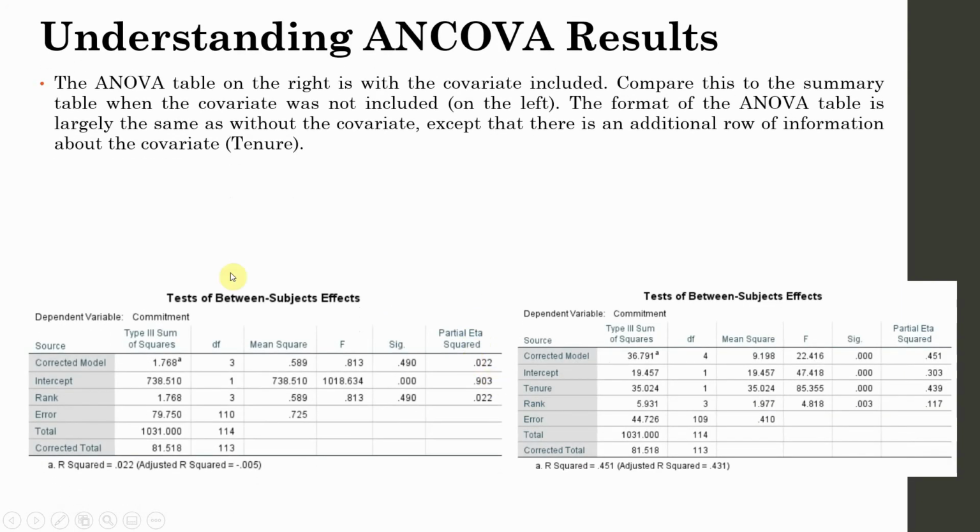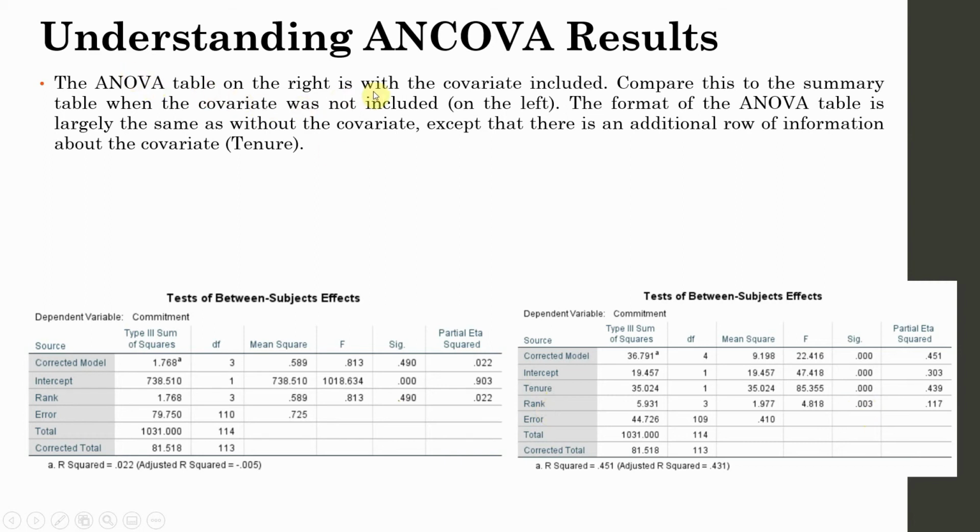Moving on, now we've got two tables, one on the left, one on the right. The one on the left is without job tenure, and the one on the right is by controlling the effect of tenure. Now surprisingly, if you look here, the impact of job rank without controlling for tenure is insignificant. But when you control the effect of tenure, the impact is significant for job rank.